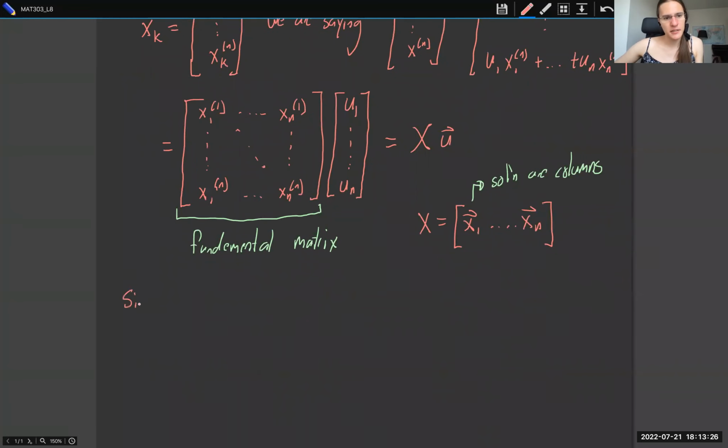So since x_k prime is equal to A x_k, it follows that if instead of multiplying by a column vector, we multiply by the fundamental matrix, then what does the left-hand side become? So AX is equal to what?